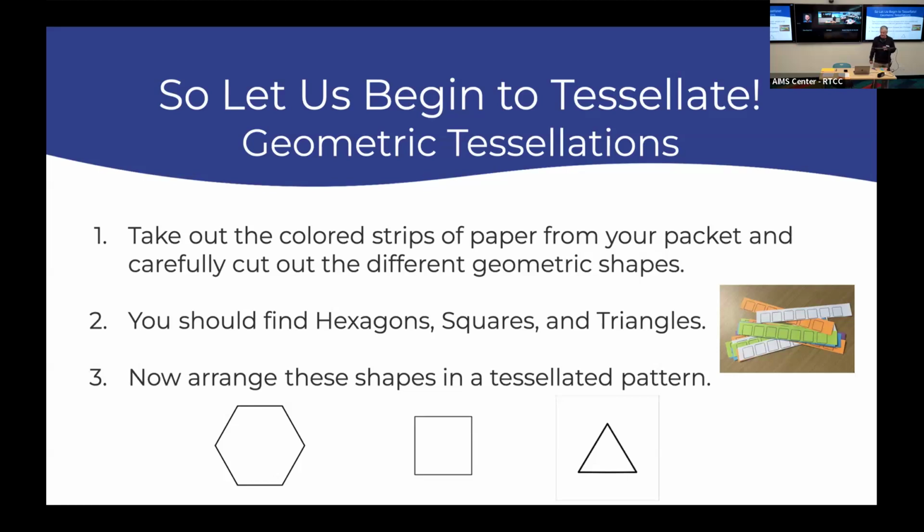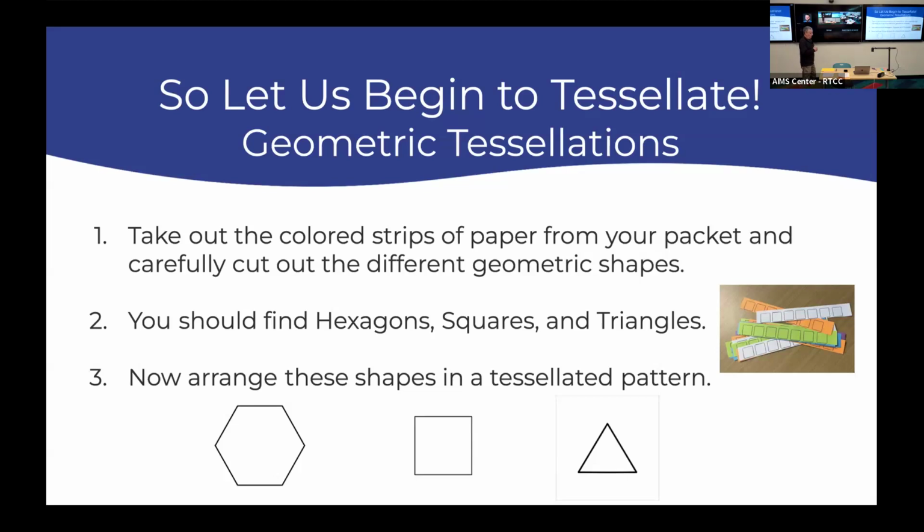So what I'd like you to do is to take those strips of paper out first, and then you'll need to cut out your hexagons, cut out your triangles, cut out your squares. So there's a little bit of cutting you'll need to do. But go ahead and do that, and then we're going to arrange those shapes in terms of tessellation and make tessellated patterns.